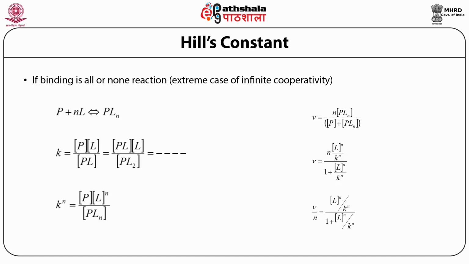There is only one bound form, that is PLn. Then we can express nu is equal to n L to the power n by Kn divided by 1 plus L to the n divided by Kn. So the simple equation is nu by n equals Ln by Kn divided by 1 plus Ln by Kn.